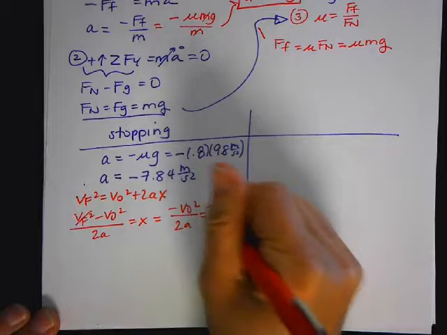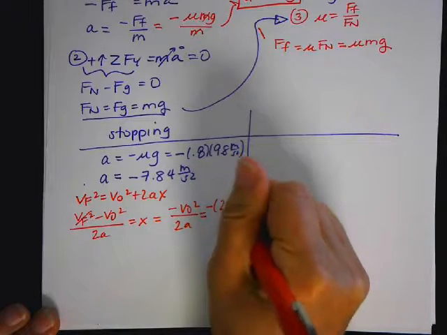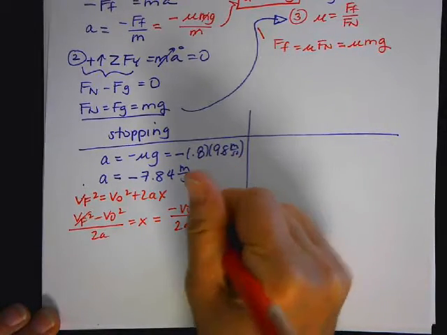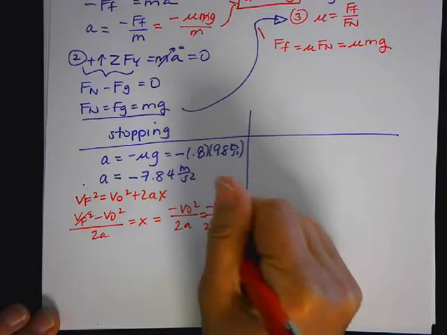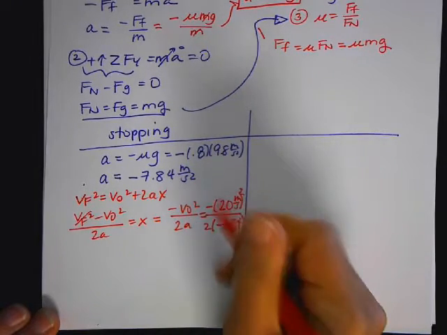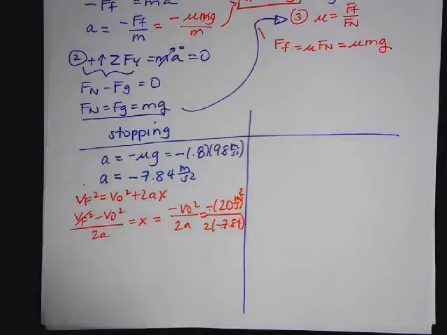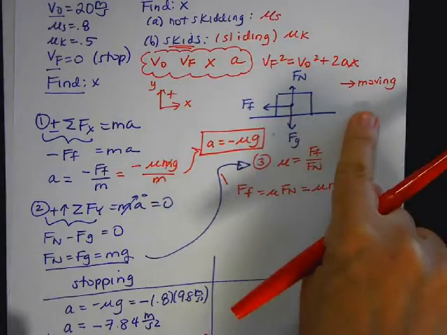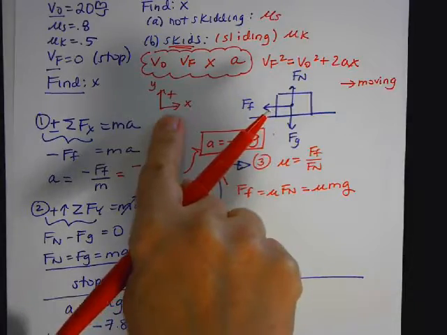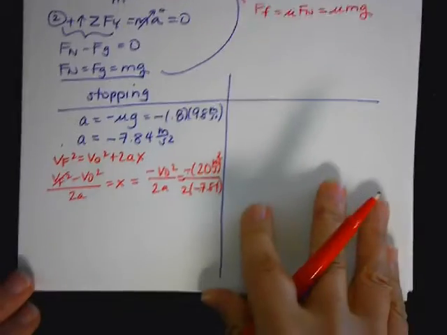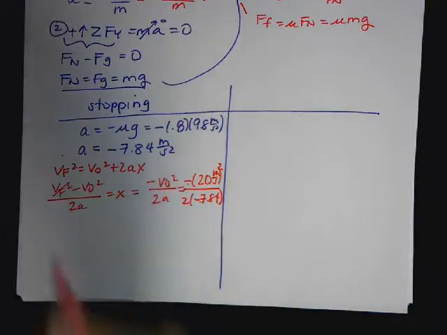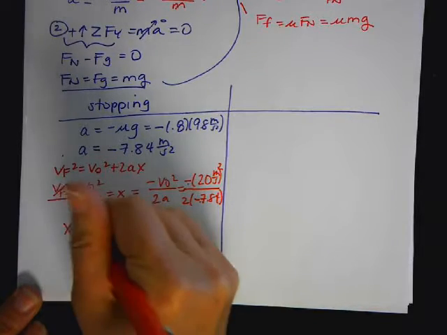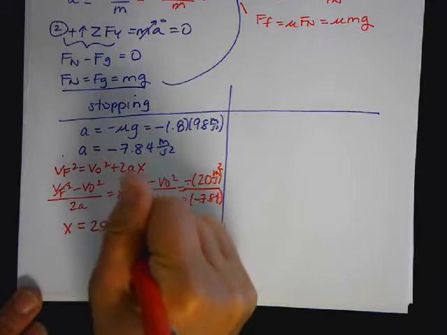So it's negative 20 squared over 2 times negative 7.84. And do you see this negative in the numerator and denominator cancel? Because I'm measuring to the right, the stopping distance, shouldn't that be positive according to my sign convention? Yes. So that's why it's very important to be consistent with your sign convention. So when I do all this, x comes out to be 25.5 meters.